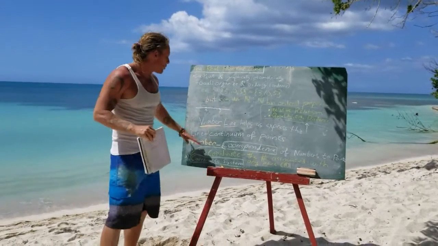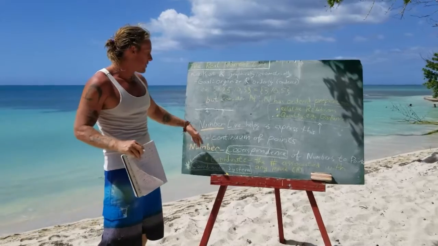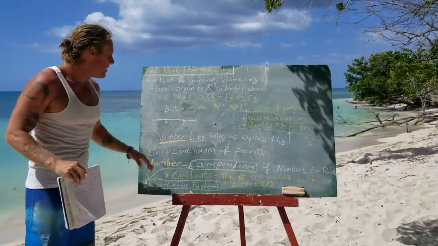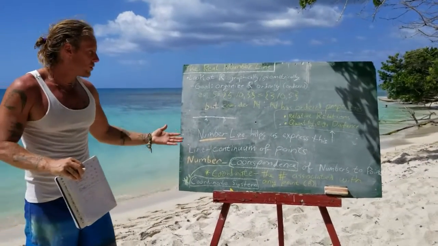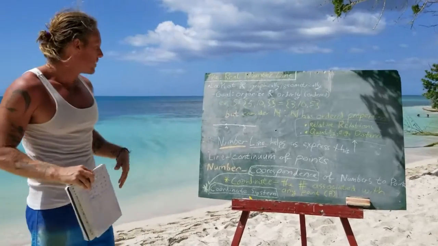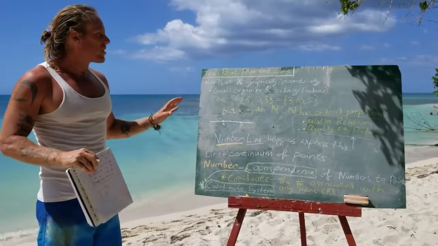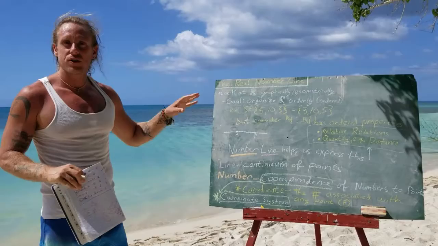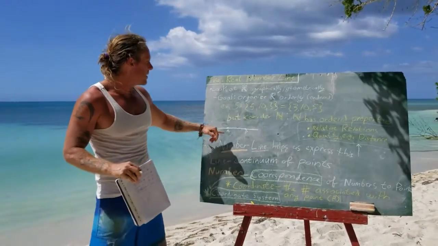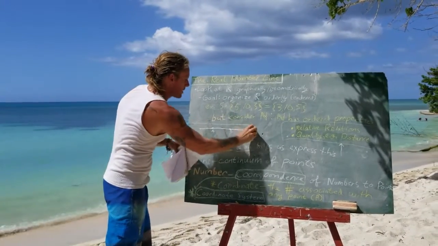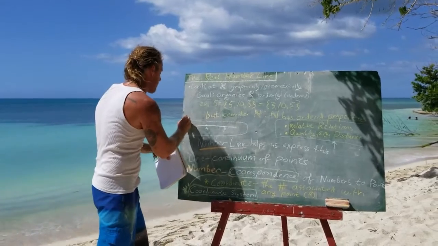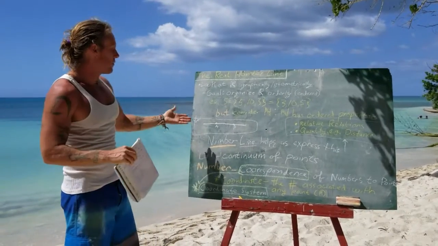So the number portion of the line, again the line we're describing as a continuum of points, for what we are doing, for the context in which we're dealing with, is the correspondence of numbers to points. So we looked at this, maybe I should kind of mark this off. This is our little working example we're going with here. This is a number line we're constructing.